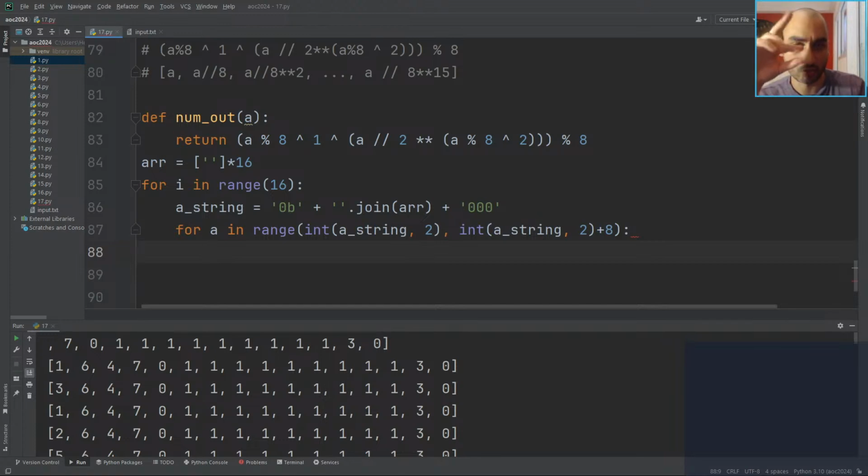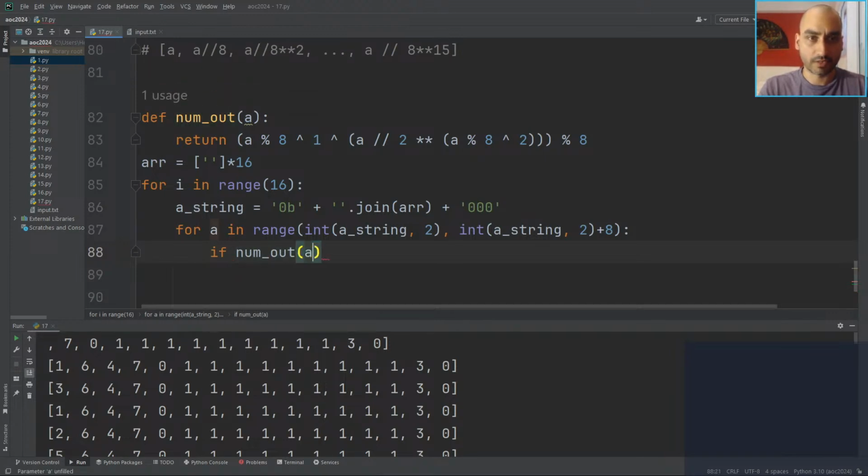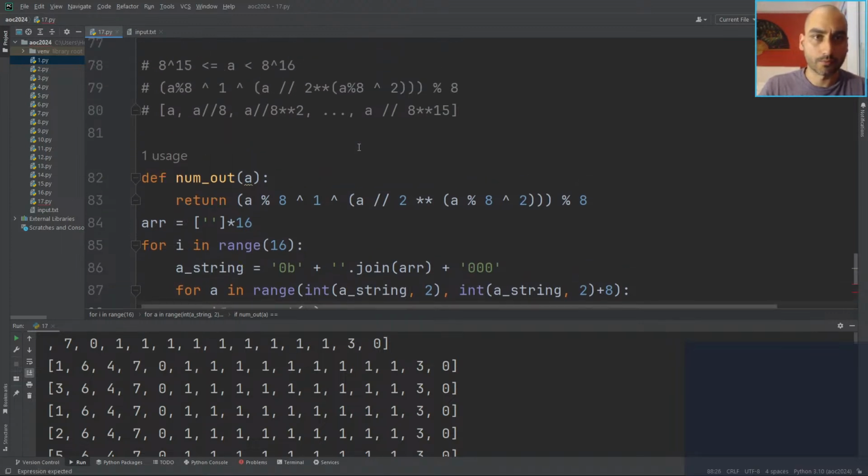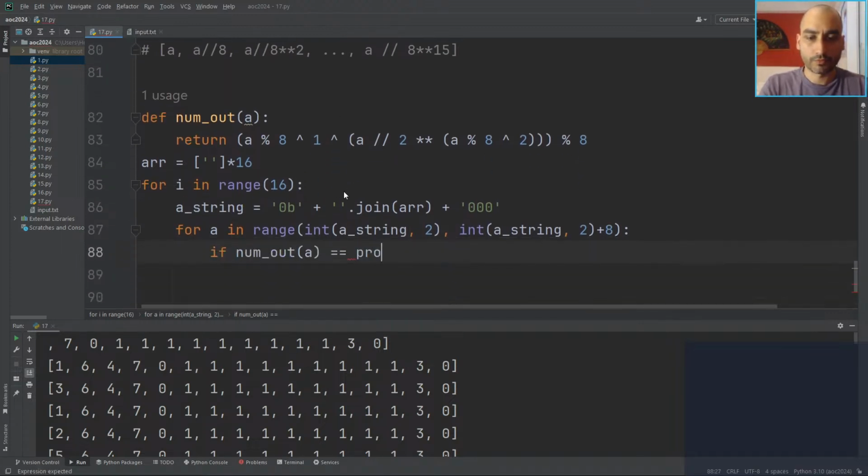There could be multiple different A's which actually give the num out to be what we want. Okay. If num out of A is equal to program -1 minus i, right?